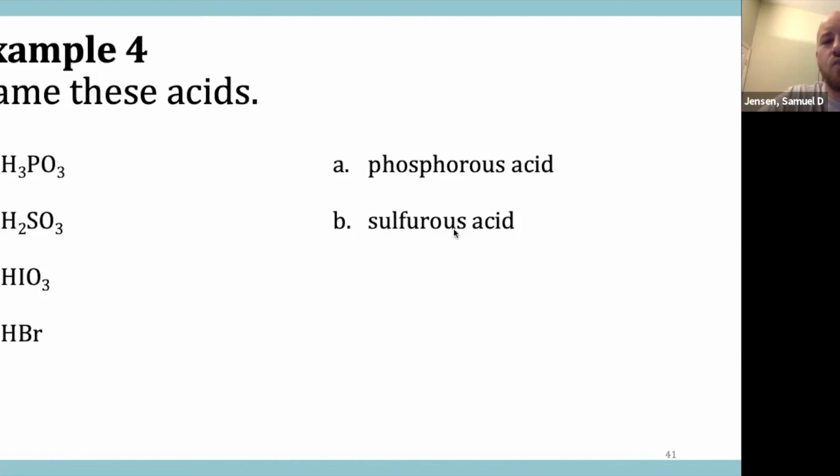So this is where just seeing practice problems, seeing where there's some weird change and the name is not exactly one-to-one. So I mean, nitrate becomes nitric, nitrite becomes nitrous. But for sulfur, the sulfite doesn't become sulfous, right? So it becomes sulfurous. Okay.